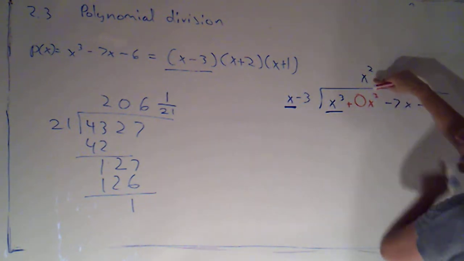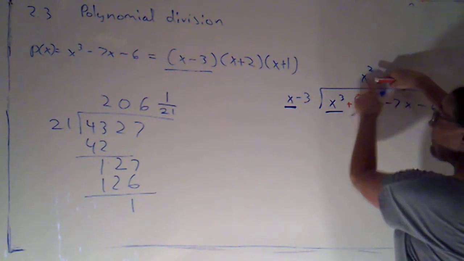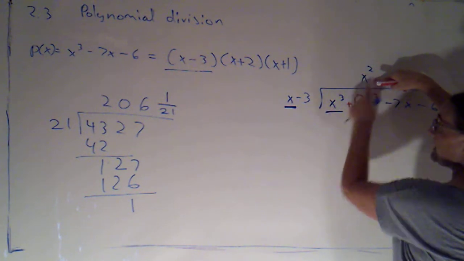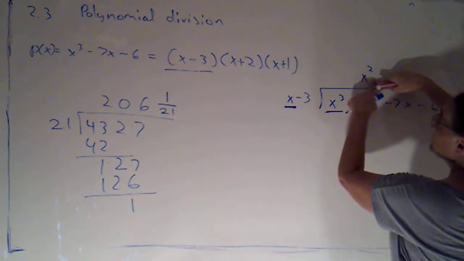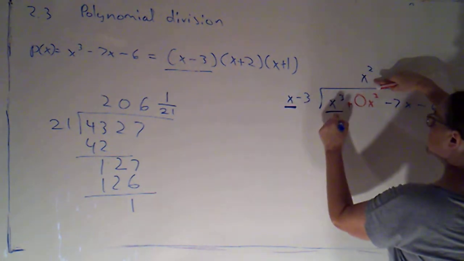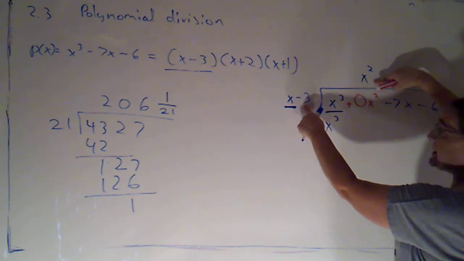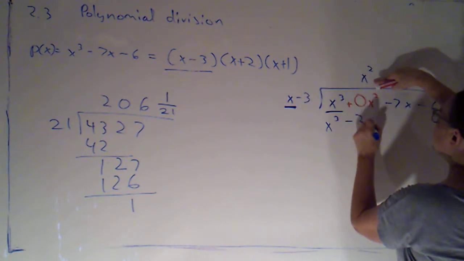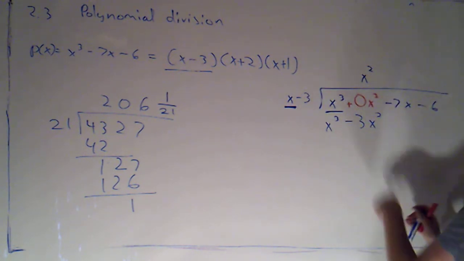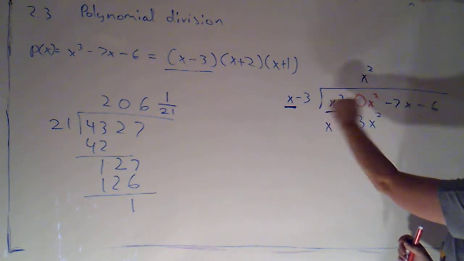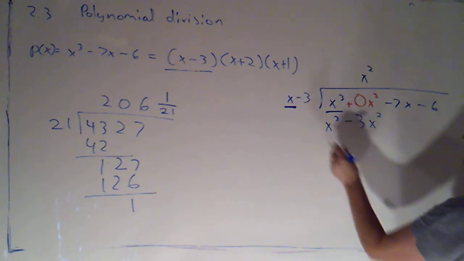Once I've done that, now I need to multiply. And now I'm not just looking at the lead term, I'm multiplying x squared by this whole thing. So it would be x squared times x gives me x cubed. X squared times negative 3 gives me negative 3x squared. Notice I got some x squareds even though I didn't have any in the original problem.